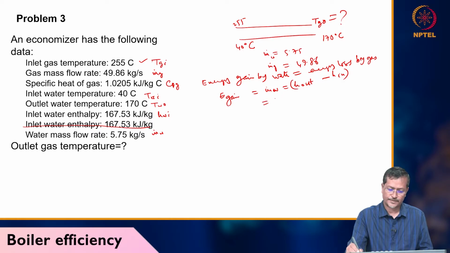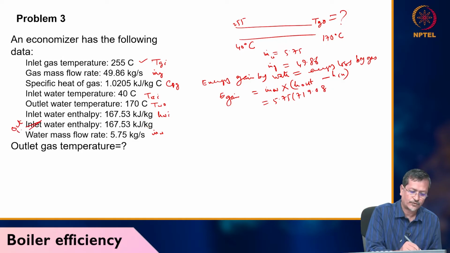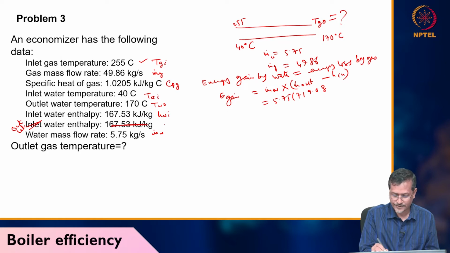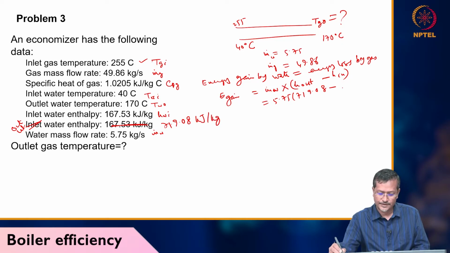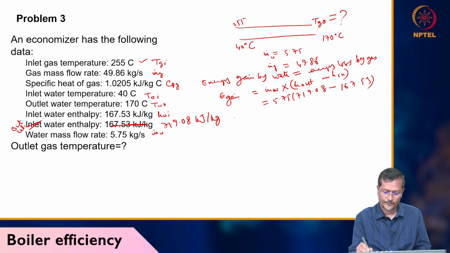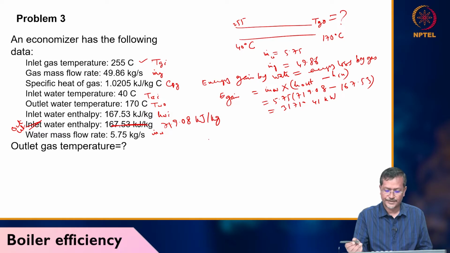It becomes 5.75 times (719.08 minus 167.53), where 719.08 kJ per kg is the outlet enthalpy. So it comes to 3171.41 kilowatt. Therefore, the energy gained by water is this. Now, energy lost by gas equals energy gained by water.